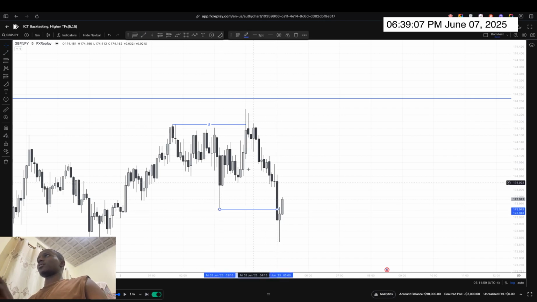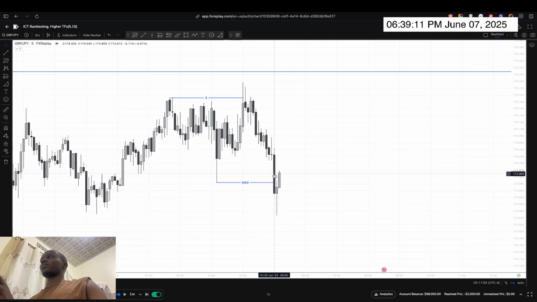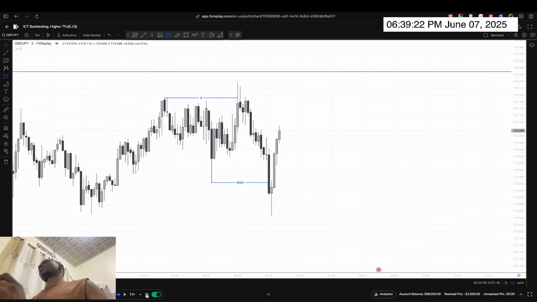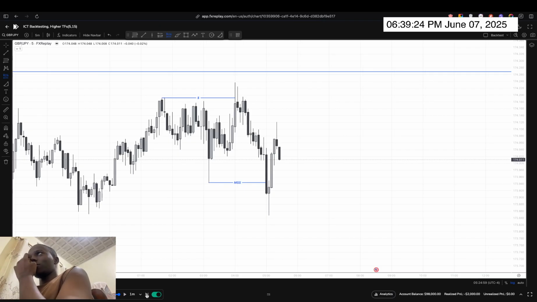Shifting structure. Then we have a retracement to a fair value gap. And let's see how this candle closes. Yeah, don't enter. You usually should wait for how the candle closes, but we can see that we have also another fair value gap created there. Let's see if it respects it.